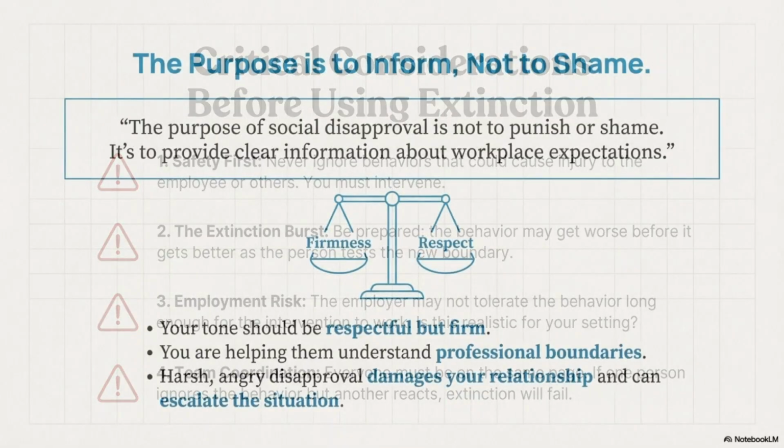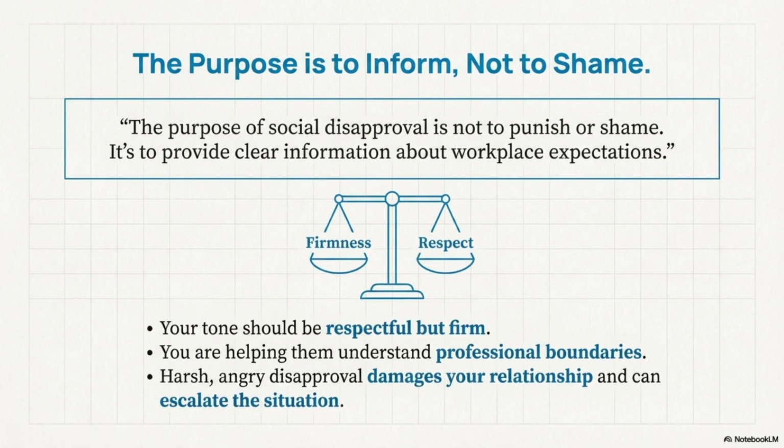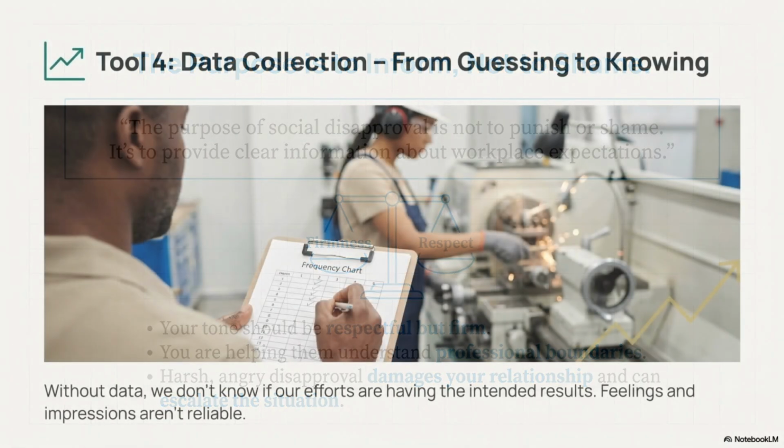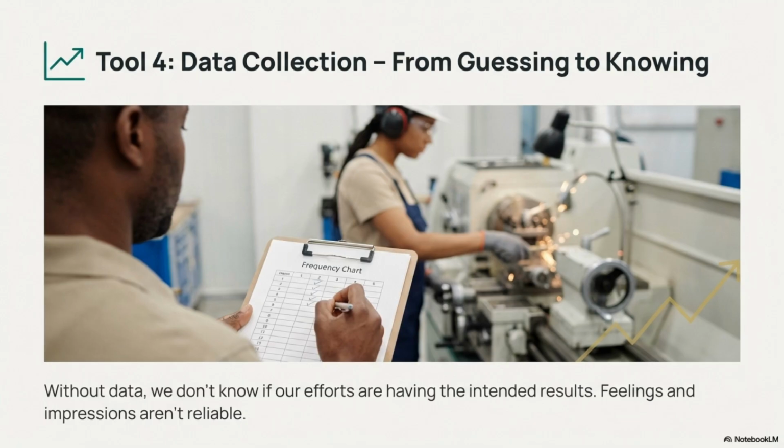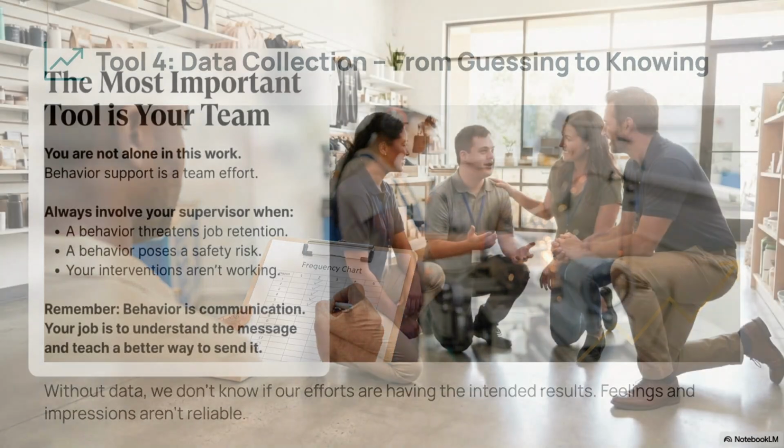Third, social disapproval should be clear, specific, respectful, and focused on stating the desired behavior when possible. Fourth, data collection is essential. Without data, you're guessing. Use the collection method that fits the behavior and tells you if your plan is working.